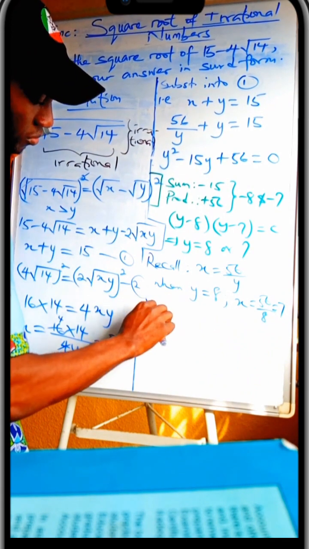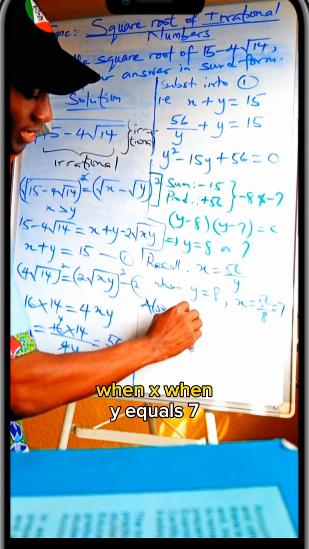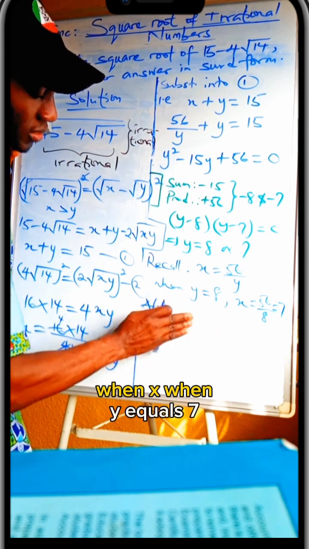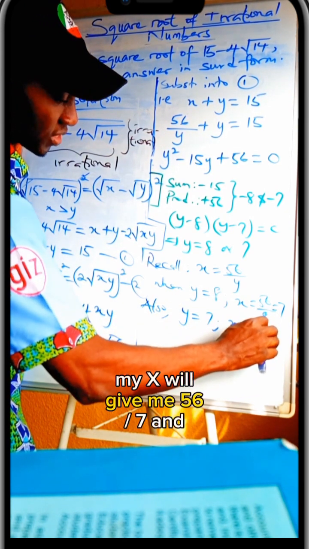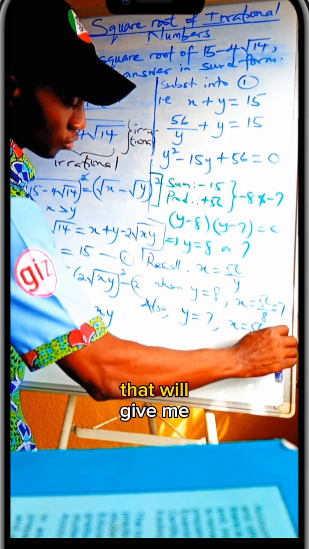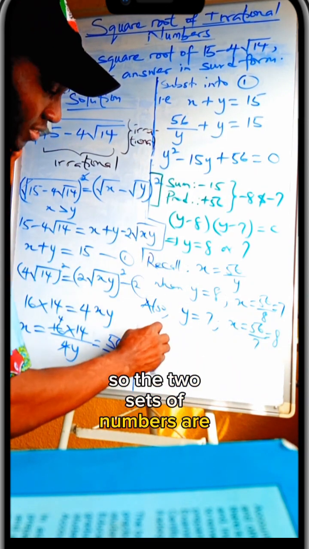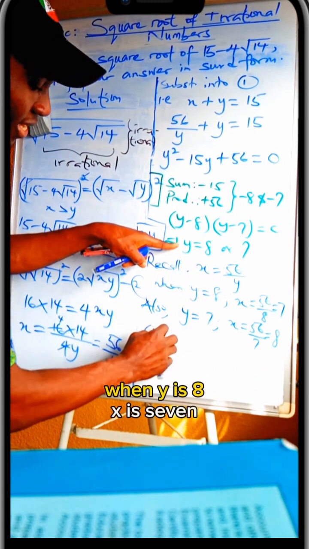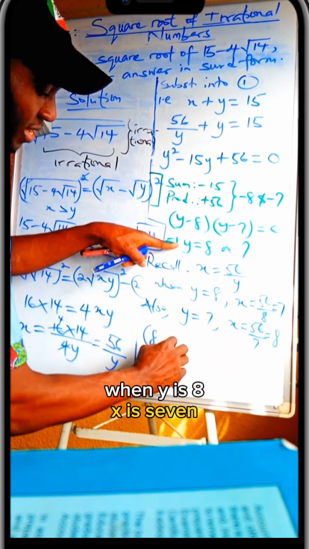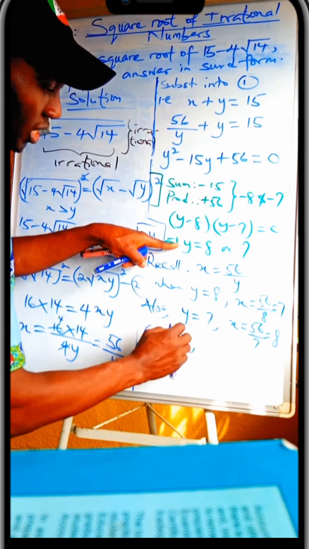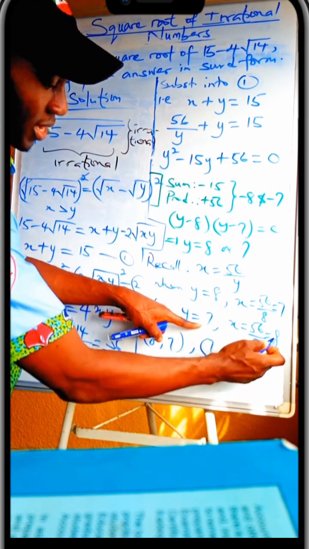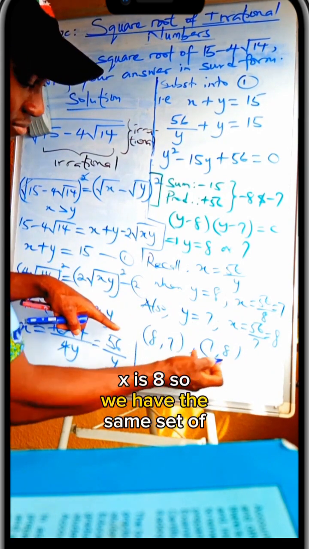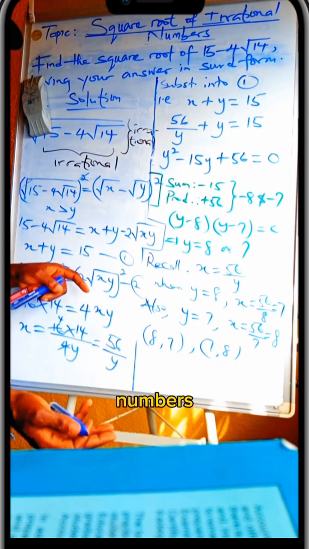Also, when y equals 7, my x will give me 56 divided by 7, and that will give me 8. So the two sets of numbers are when y is 8, x is 7, and when y is 7, x is 8. So we have the same set of numbers.